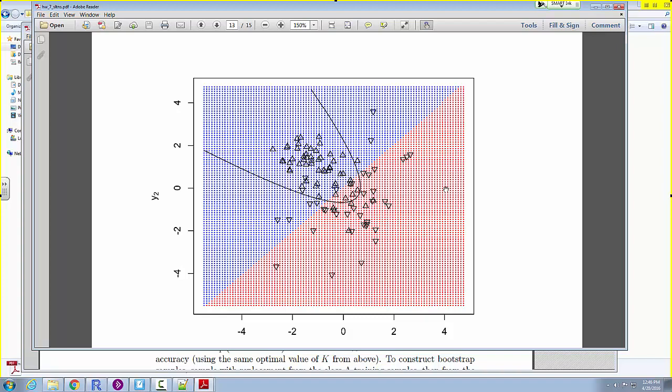That being said, it often does pretty well. We're not necessarily saying we really believe that there's a linear boundary, but in cases where maybe you have a smallish sample size, imposing a simple structure like a linear model works well.